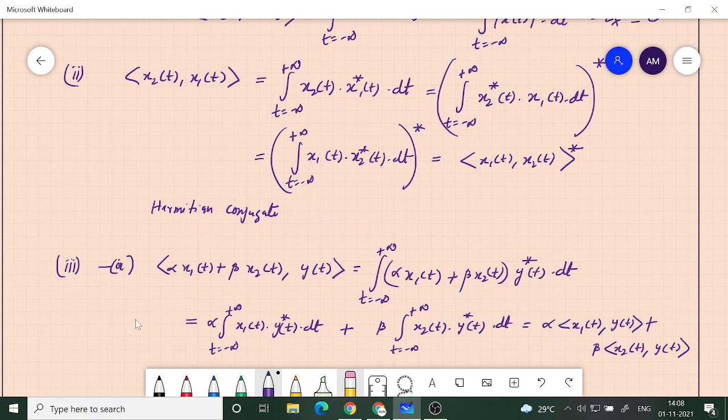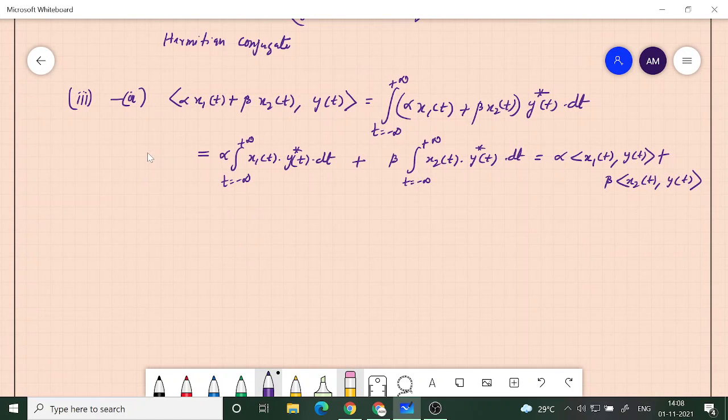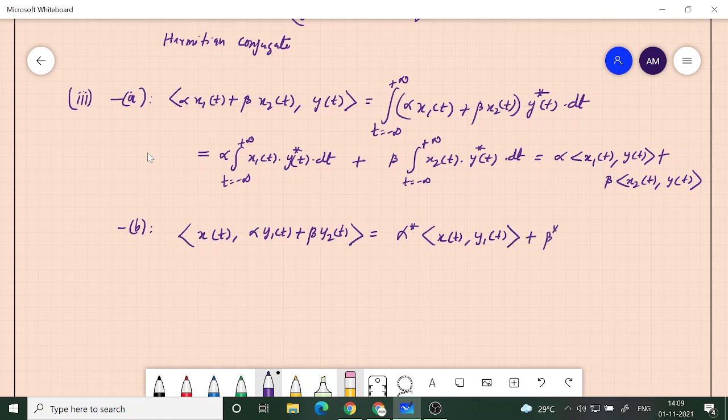In a similar way, you can prove part B. I'm writing part B without any proof. If you have x of t, and the second entry is alpha y1 of t plus beta y2 of t, then you can show this is equal to alpha conjugate times the inner product of x of t and y1 of t, plus beta conjugate times the inner product of x of t and y2 of t.